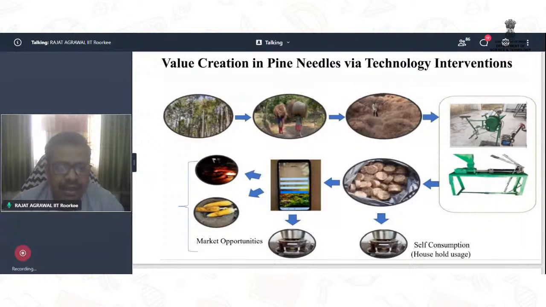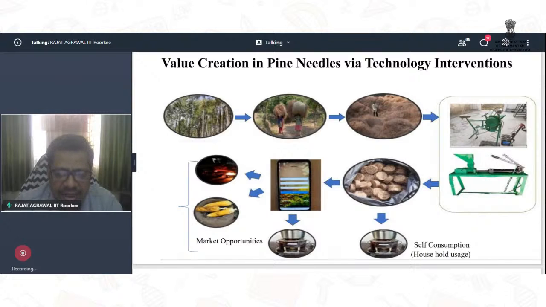Otherwise, as long as my team, my JRFs, are involved, the project goes very well. But we have designed things in such a way that we are slowly withdrawing our manpower and watching from a remote location, so that everything goes properly. In this picture, ladies in that area are carrying pine needles, and we have created stores for pine needle.